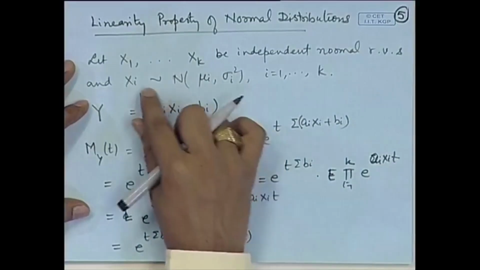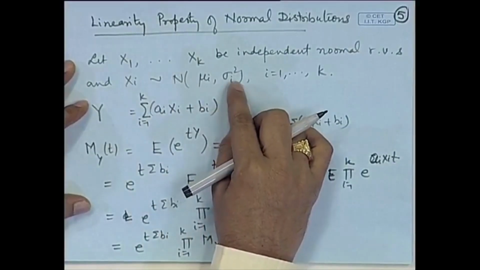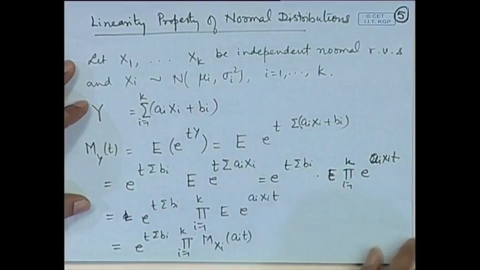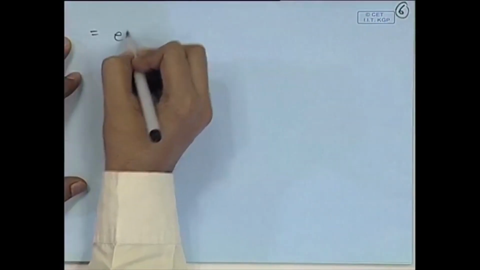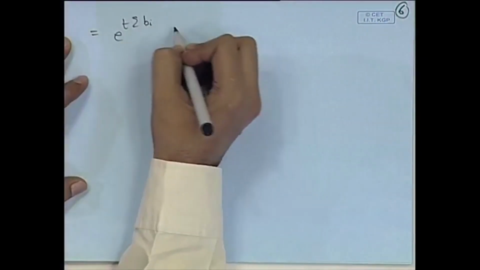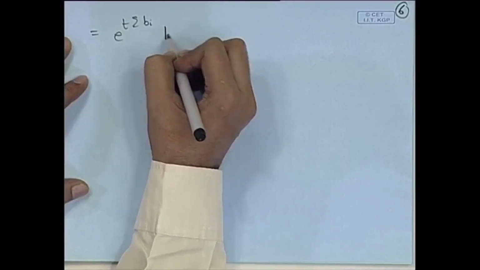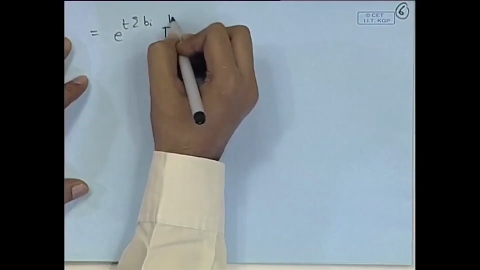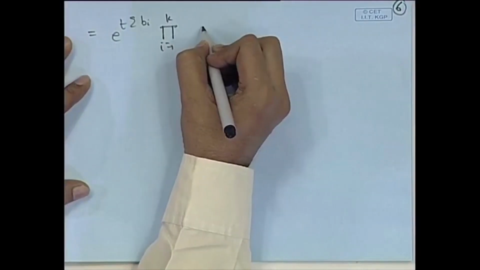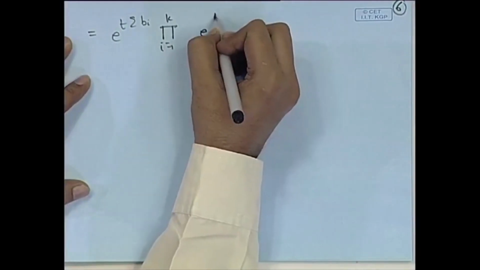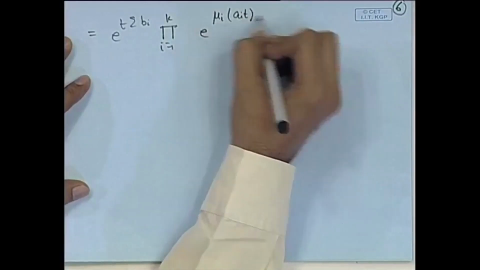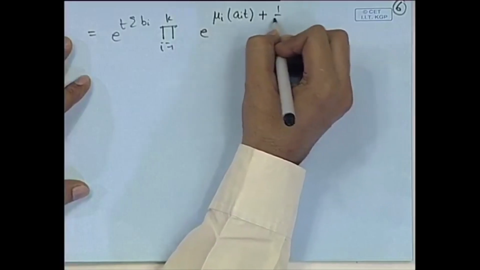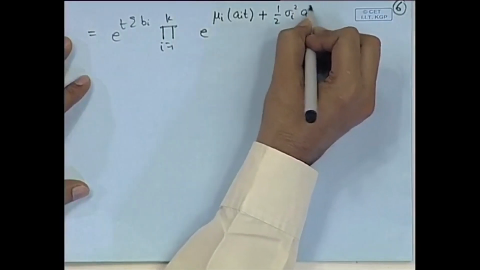Now, the x_i's follow normal distributions, therefore the moment generating function of x_i can be written. So, we substitute that here to get e to the power mu_i a_i t plus half sigma_i square a_i square t square.